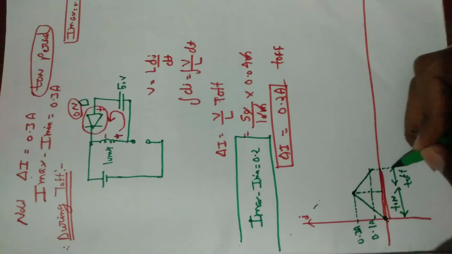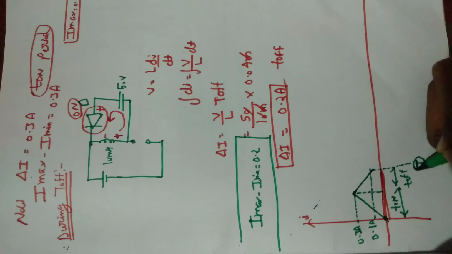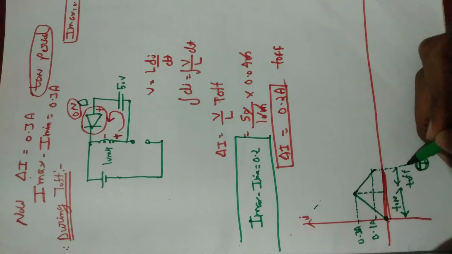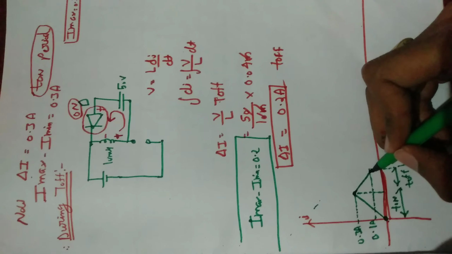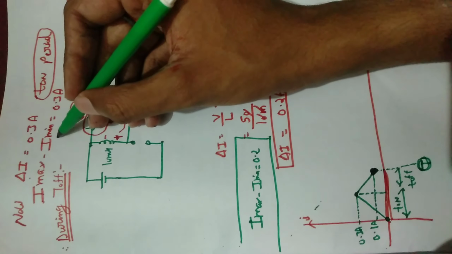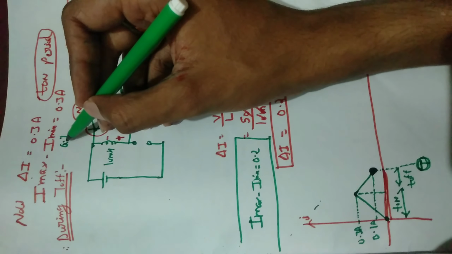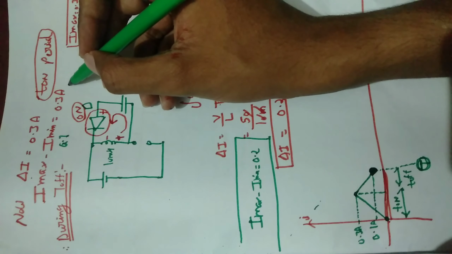So here one cycle is complete, T time. After that, the minimum value is 0.1. Substitute here 0.1, then this minus 0.1 goes to this side and we get 0.4.